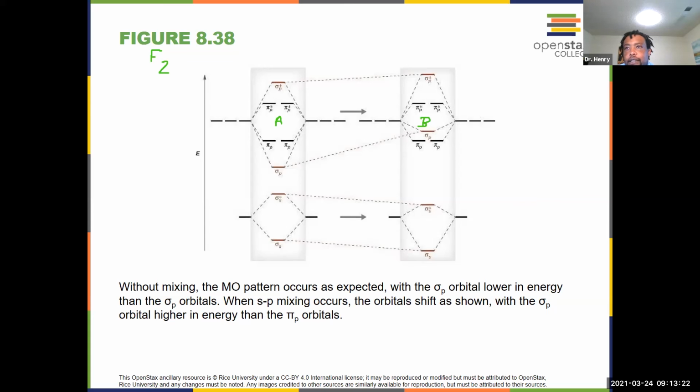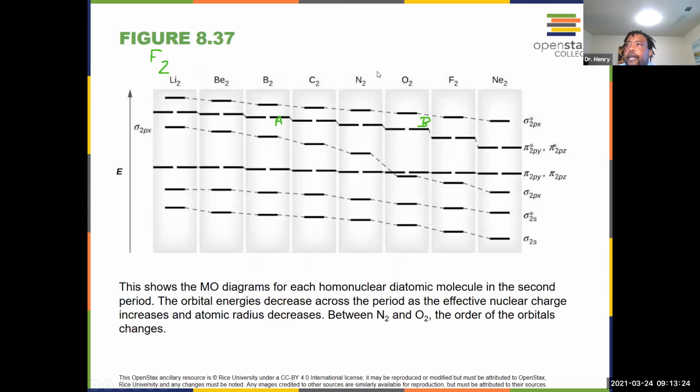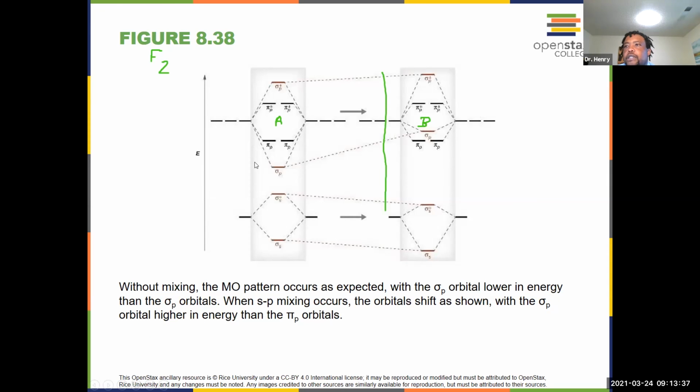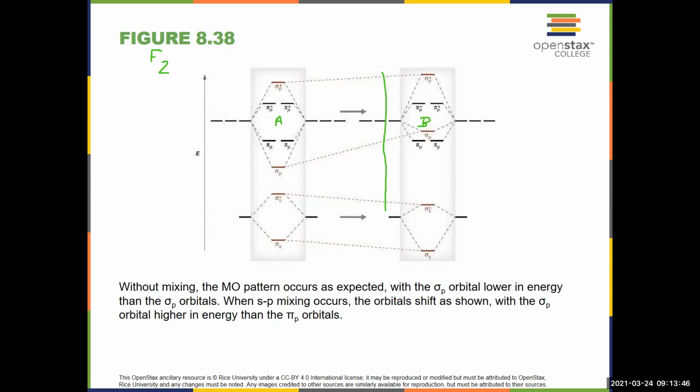There we go. Okay, fluorine is after oxygen, right? So we're going to be using the one where the sigma is below the pi. So, A or B? Where is sigma below the pi's? A. Okay, so we're going to be using A.